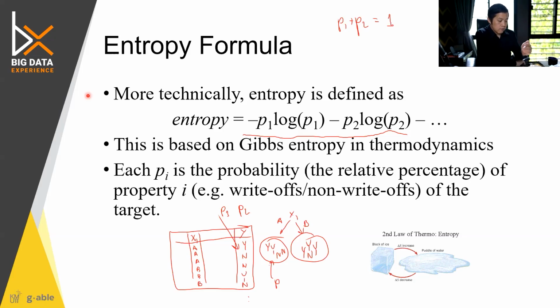So from this equation, what value of P1 would result in the highest entropy? Can you guess? Make a guess in the chat. What value of P1 would give the highest entropy? Any guess here?